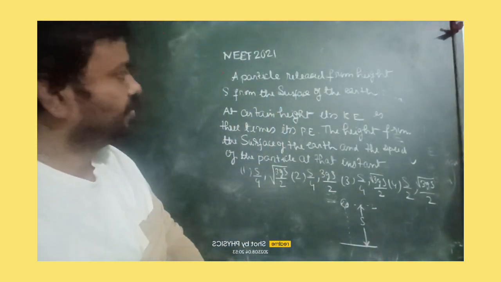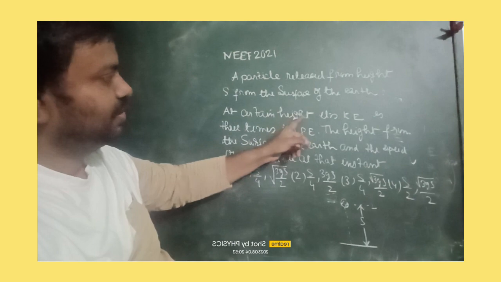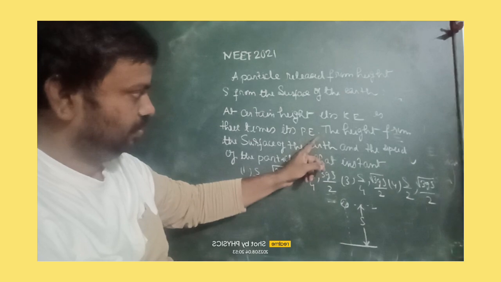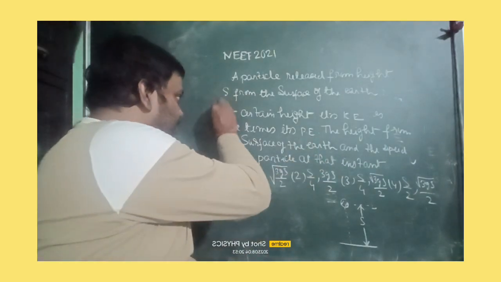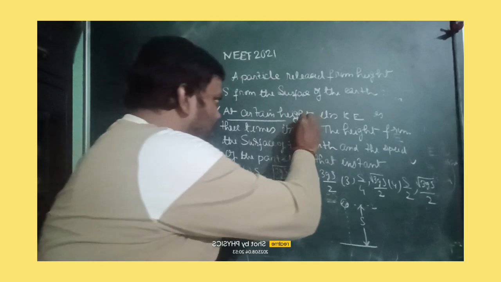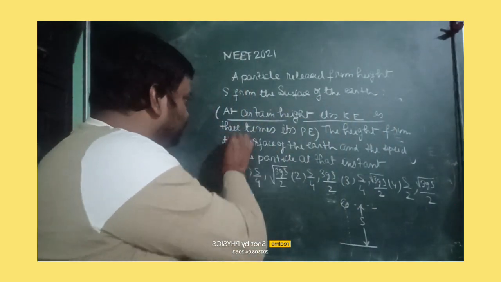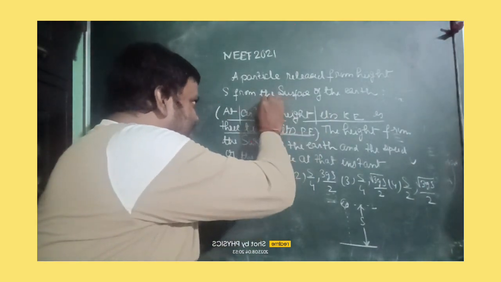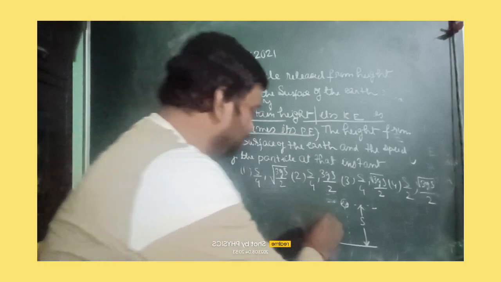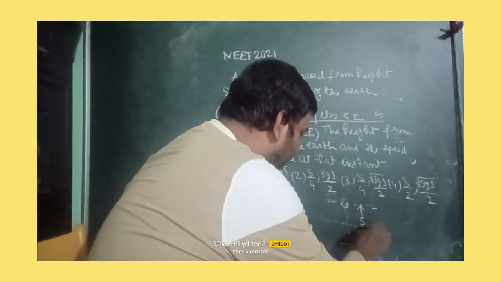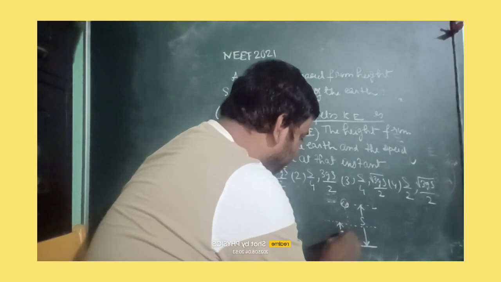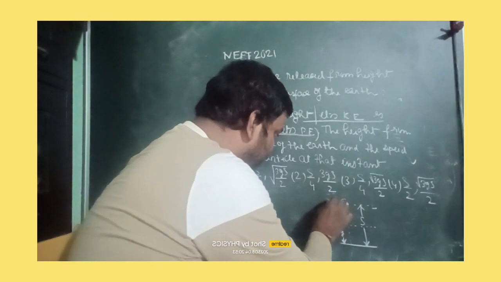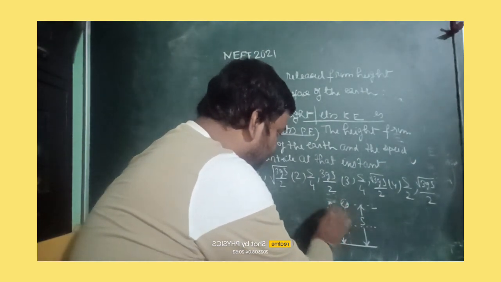It is given that at a certain height its kinetic energy is 3 times its potential energy. That is the condition. Let us consider that particular height is y from the ground. In the figure we consider it here, that is y. Now the distance should be s minus y.